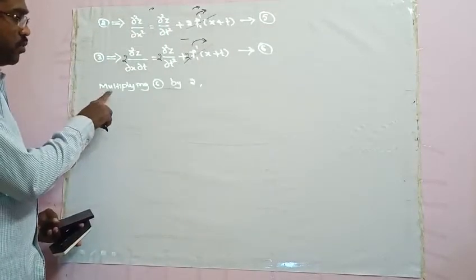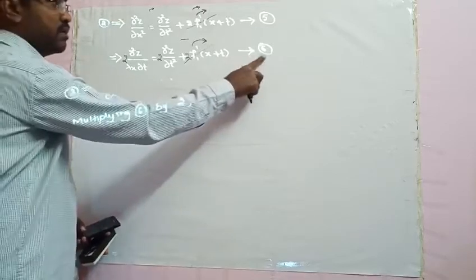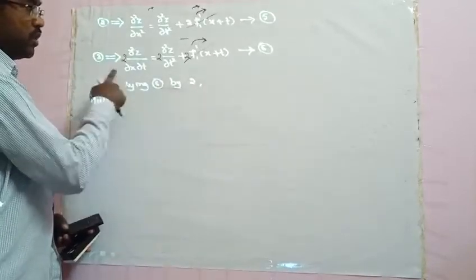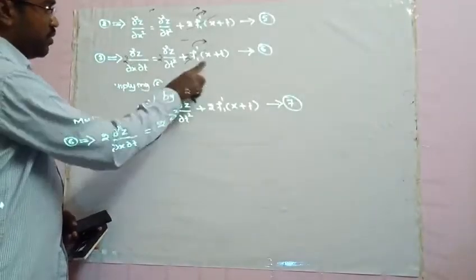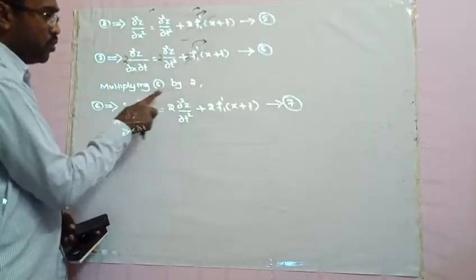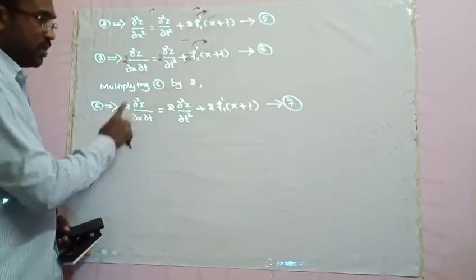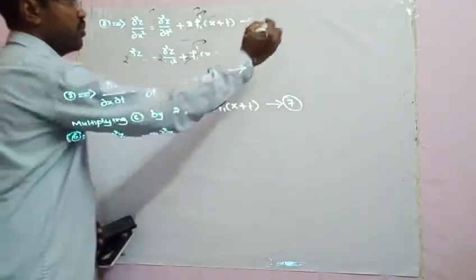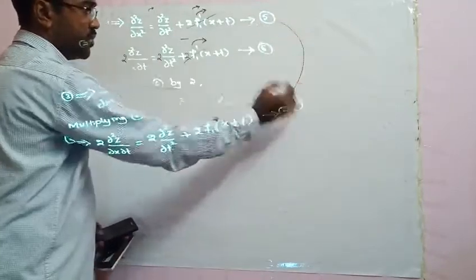What we do? Multiplying equation number 6 by 2. What we get? Equation number 6 implies this. We have multiplied 2 to equation number 6. We got this. Now what we do? We subtract 5 and 7.